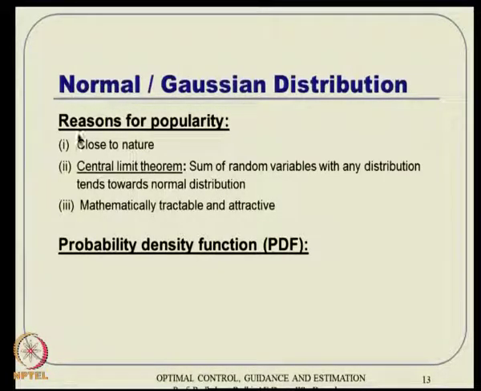But on top of that there is a central limit theorem as well, which tells us that the sum of random variables with any distribution, you can start with any distribution, but if you keep on adding them up, ultimately tends towards normal distribution. So that is why this normal or Gaussian distribution is very popular.